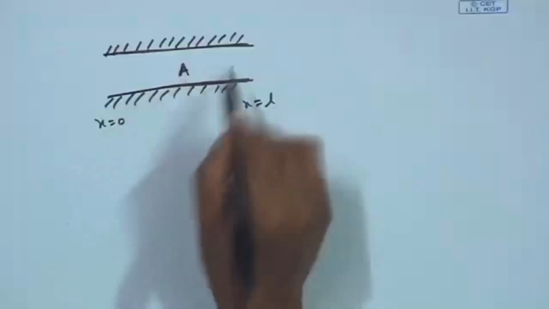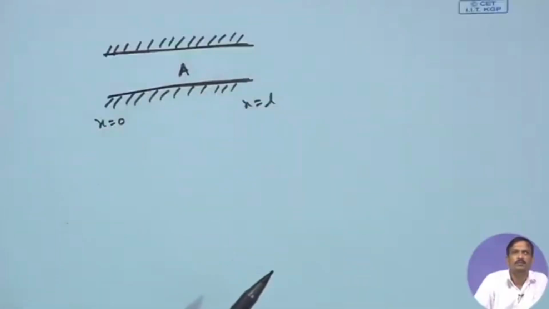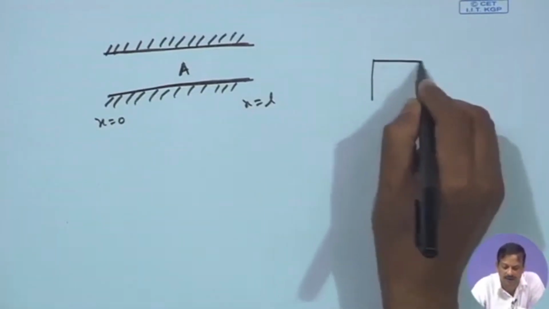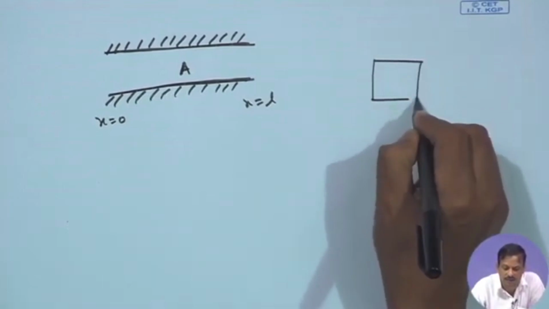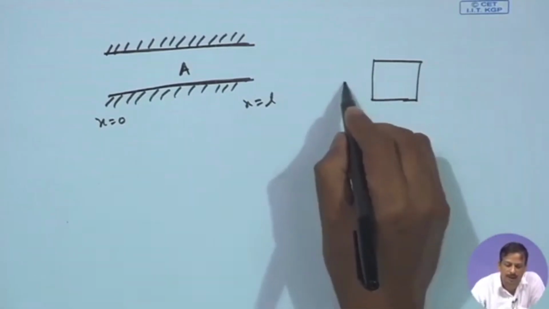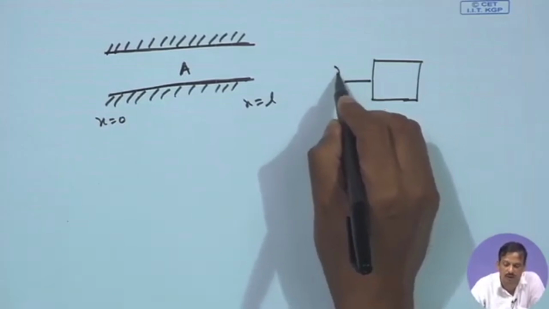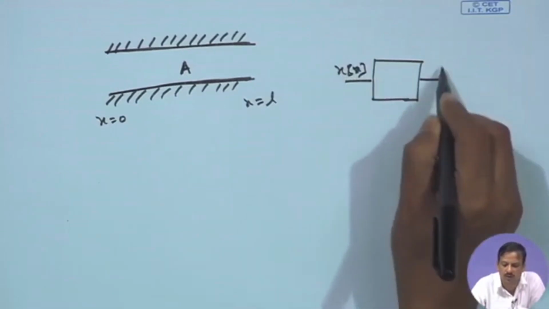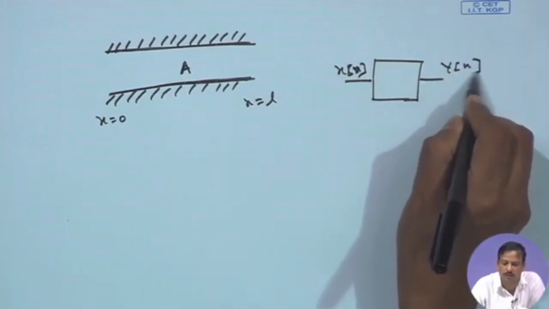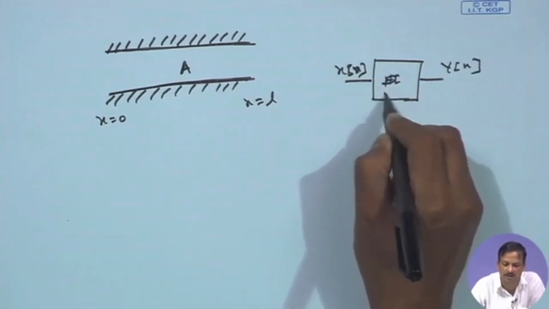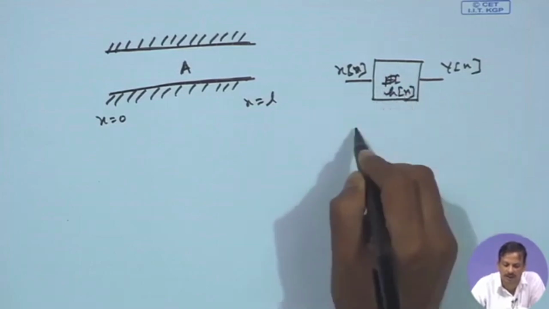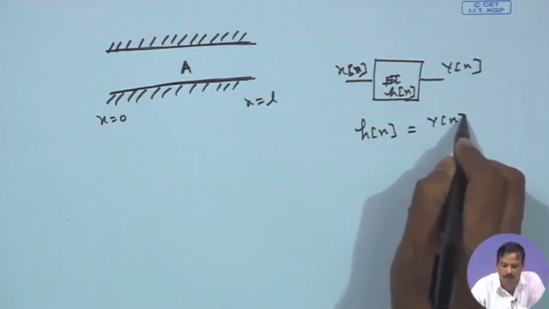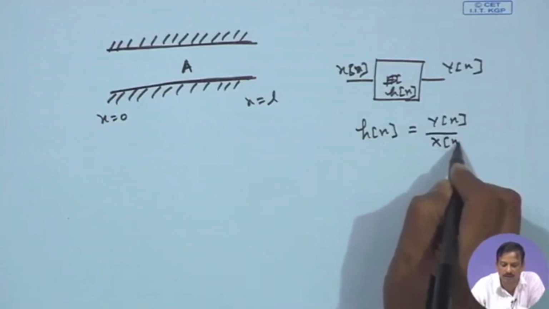So, how do we derive that vocal tract equation? If you studied electrical signals and systems, if I have a system, and I apply an input, let us consider the input is x n and the output is y n, then if the transfer function is h n, we say h n is nothing but y n divided by x n.